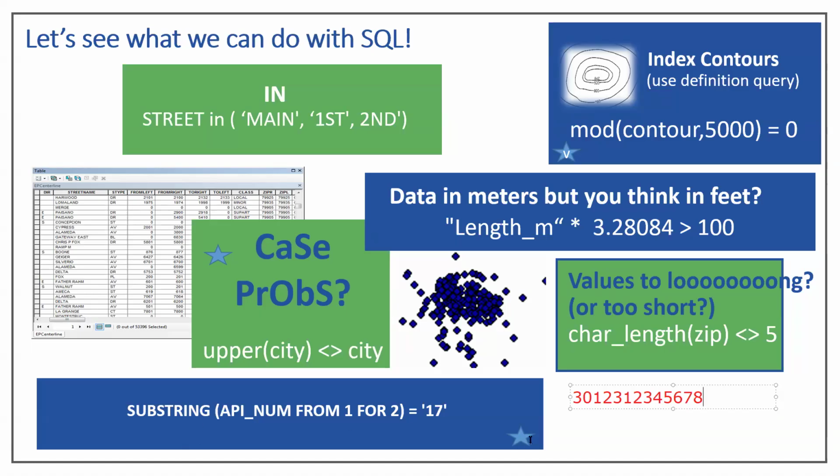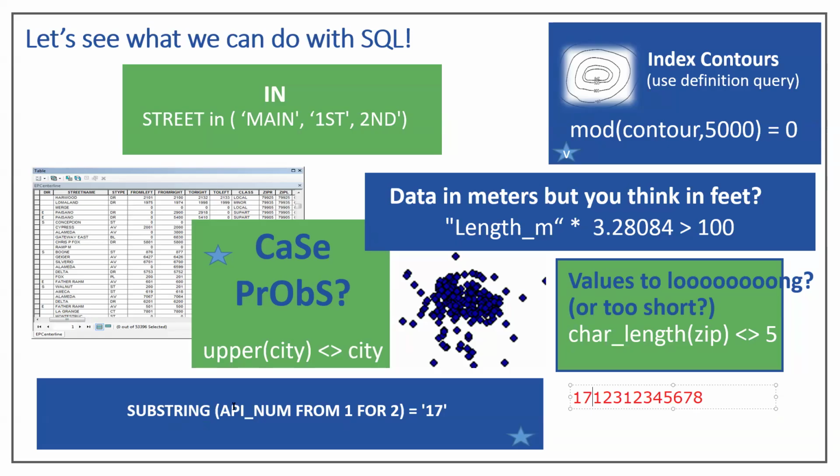So if I want to pull out everything that's in state 17, I need to pull off the first two digits. Well, I do that with a substring function. And yes, I could do it with a LIKE operator, or I could do it nowadays with a begins with in the interface. But again, if I'm passing this in through Python, or if I'm going to manipulate this in more detail, it's good for me to understand the functions in the background.